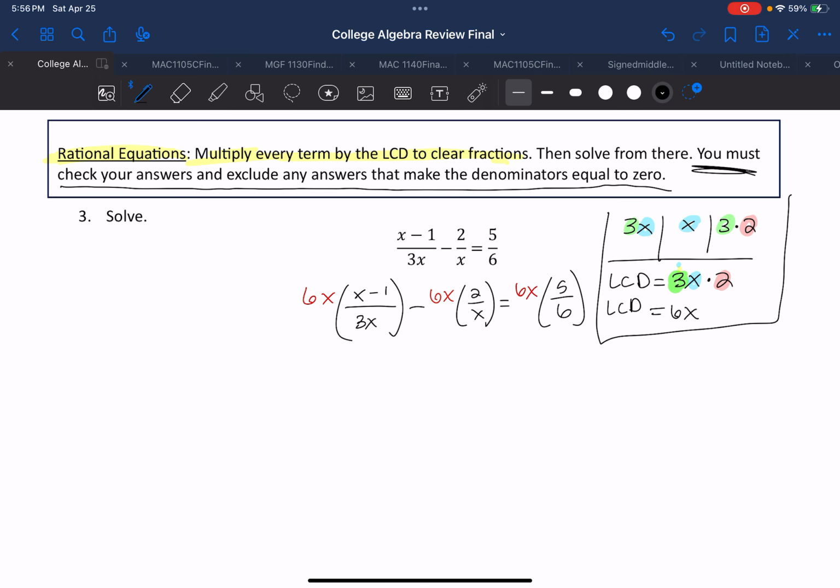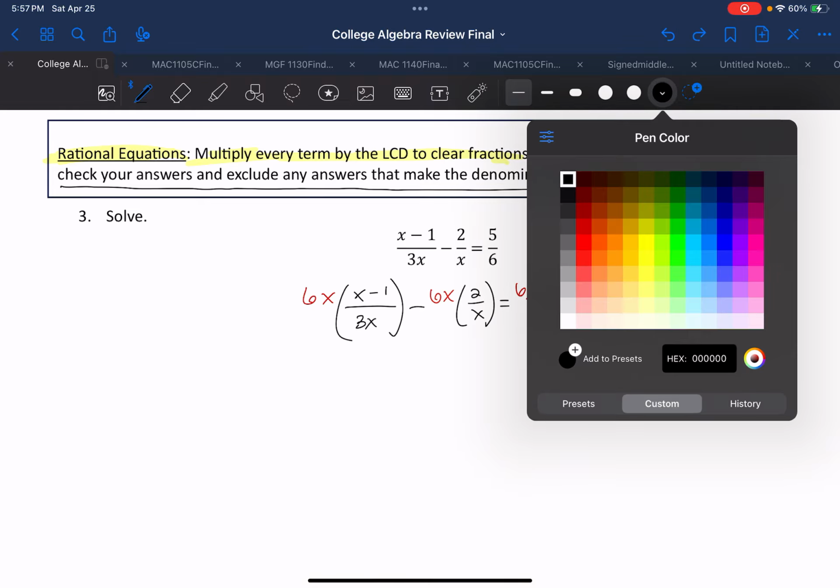And when you multiply every term by the least common denominator, you're going to divide the 6x by this denominator here to see what's left.